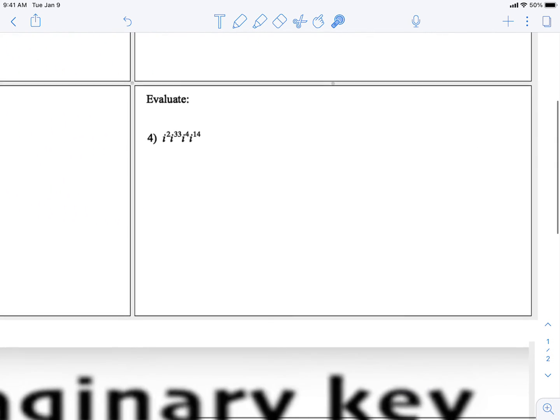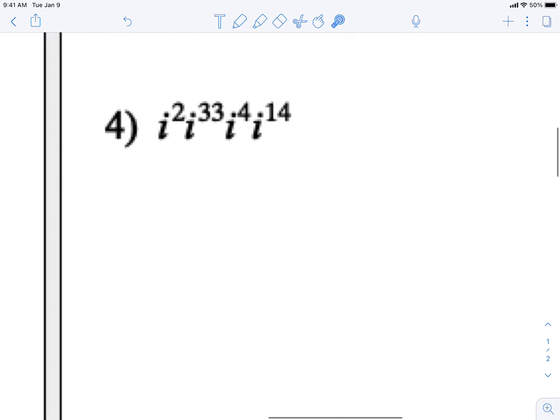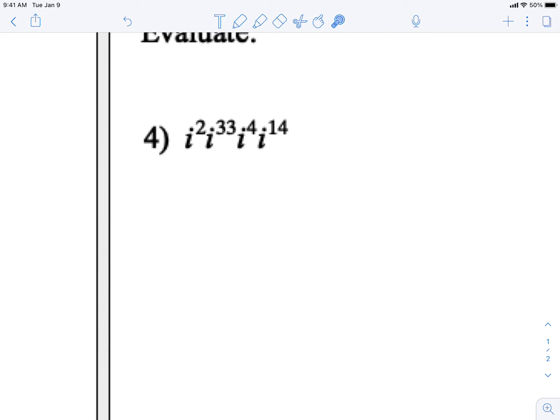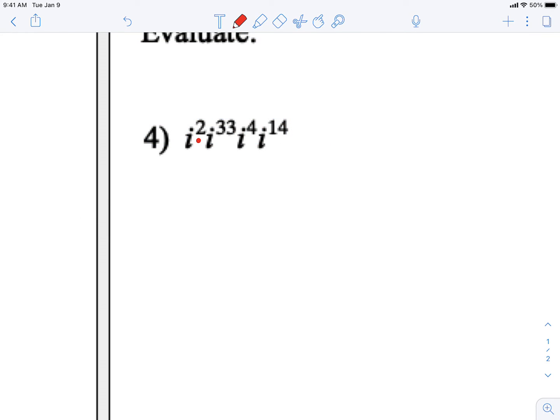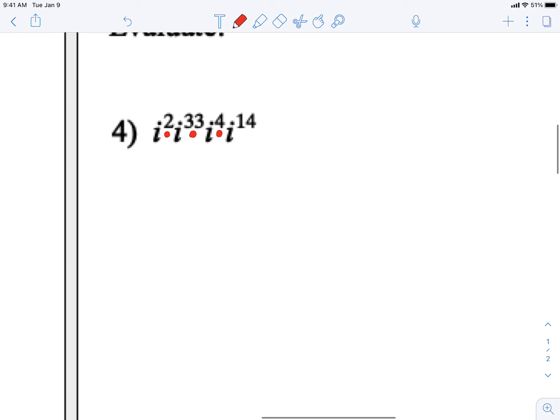Finally, let's evaluate number 4. Lots of i's, lots of numbers, right? No problem. We know that this means times, times, times, right? So that means that we can add the exponents.